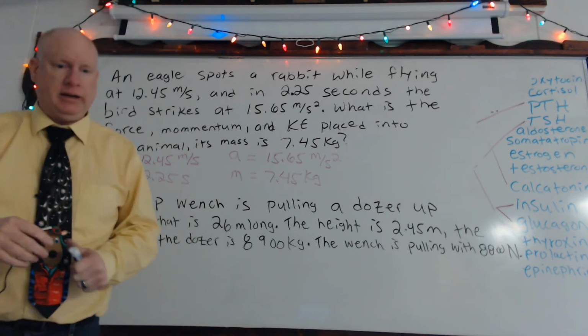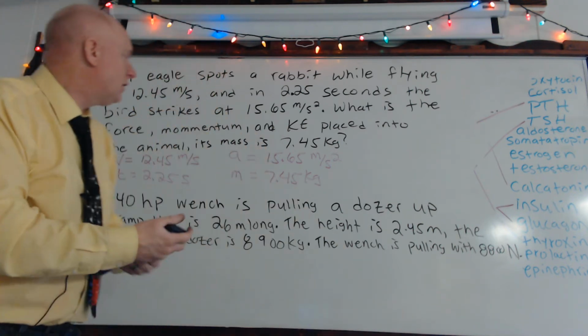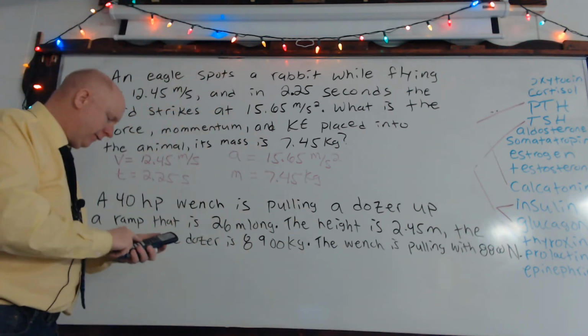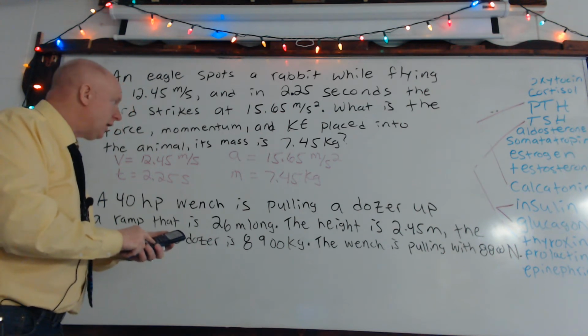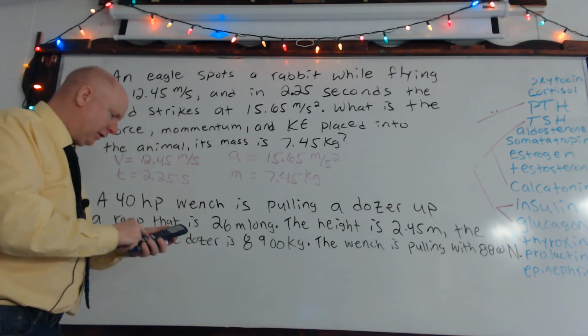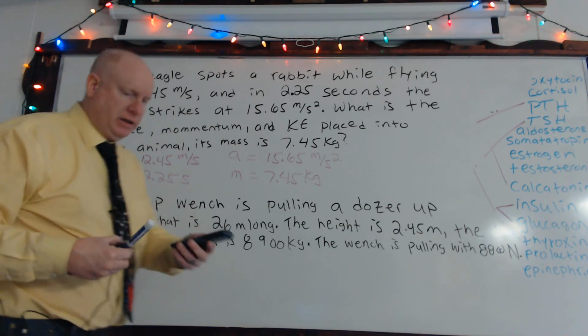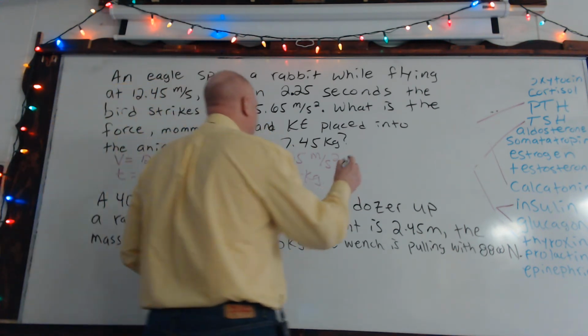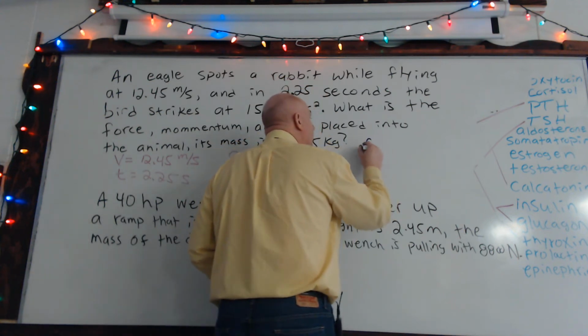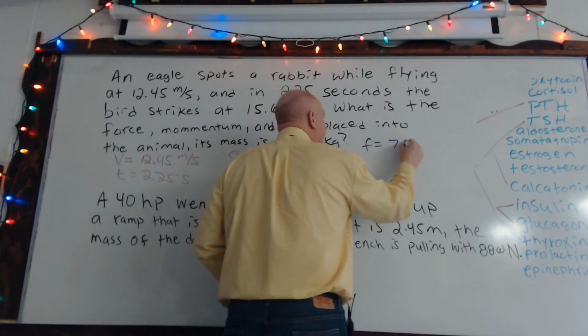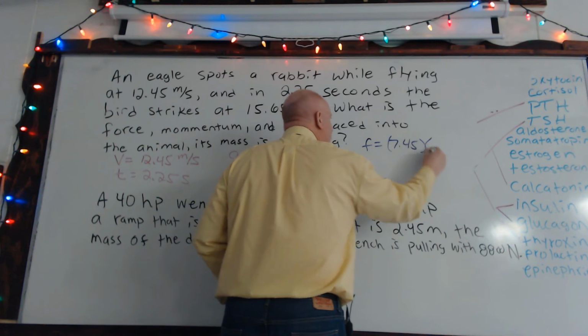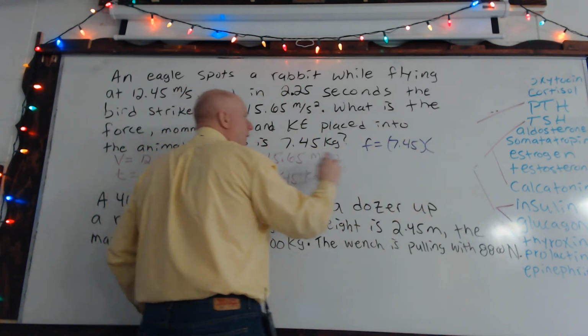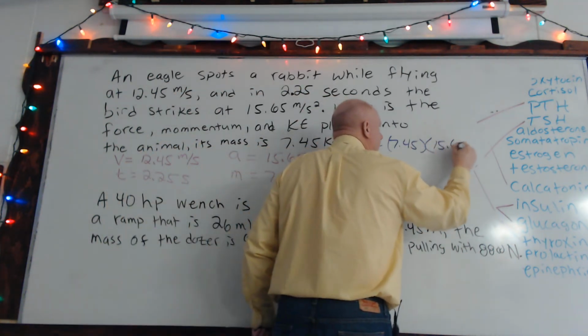And in that case, let's see here, we've got 7.45 times 15.65. Therefore, that gives us 116.60 newtons. That came from force equals 7.45 times this acceleration, 15.65.